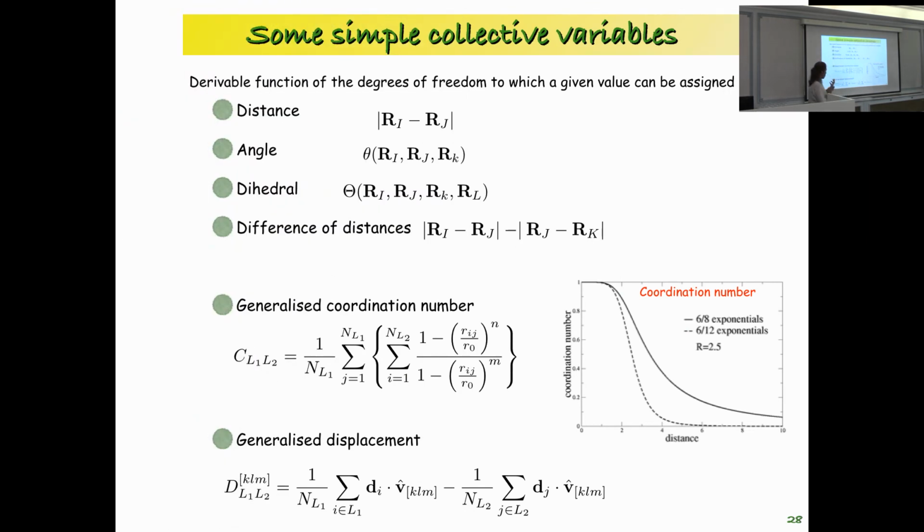Okay, so these are just examples of obvious collective variables like distances or a function of distances. Coordination numbers are very nice and general collective variables. They tend to keep the bias quite light. Or you can invent any function of your coordinates that is meaningful to describe your system.